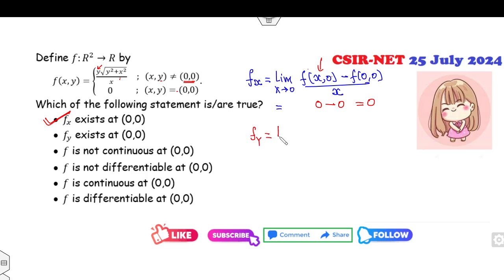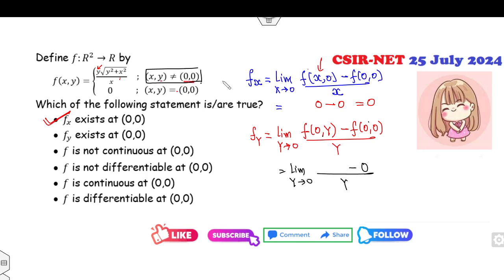Second, partial derivative with respect to y. Limit y approaches 0, f of 0 comma y minus f of 0 comma 0 divided by y. What is the value of this? If x is 0, clearly this limit, this function does not exist. So that means fy does not exist. So this option is cancelled.